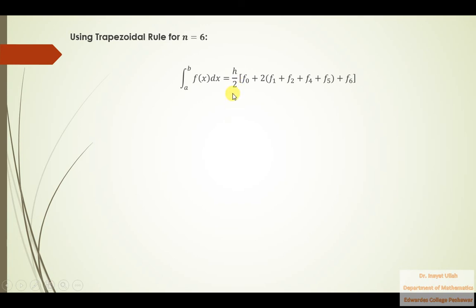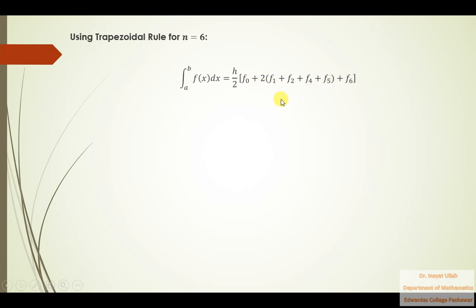In trapezoidal rule, this is h by 2, and this is actually the first value of the function plus the last value of the function. In the table we see that the last value of the function is f6. So we will extend this formula up to f6. So f0 plus f6 and plus 2 times the sum of the rest of the function values.